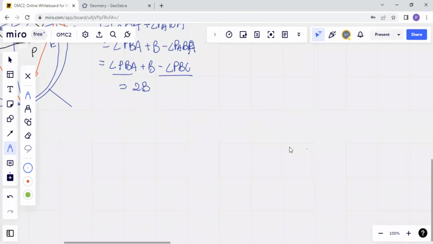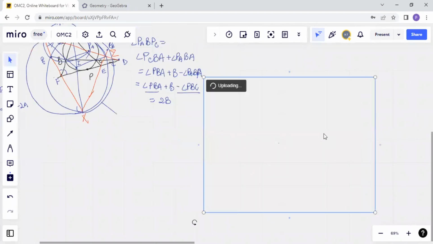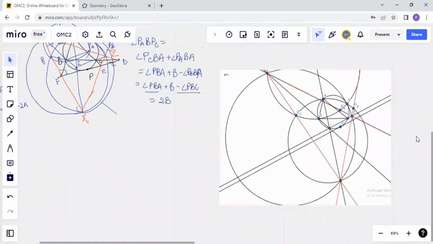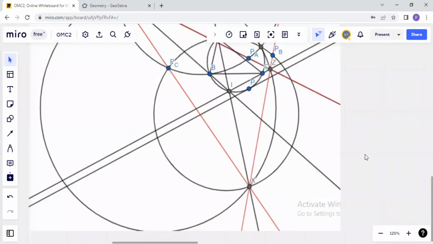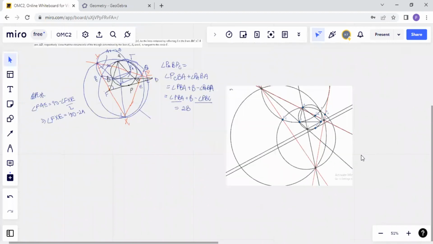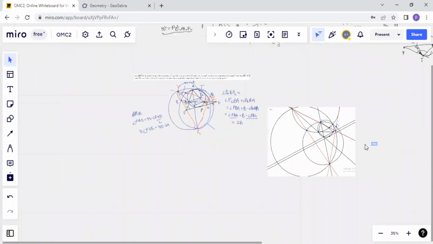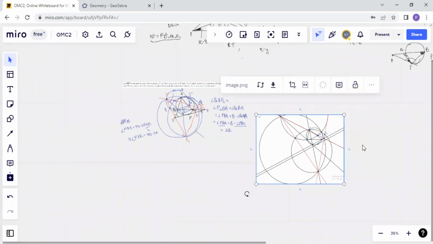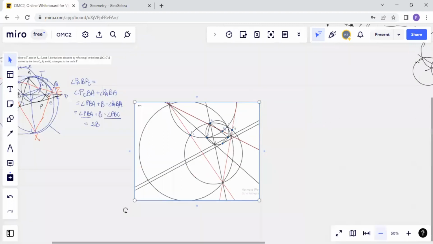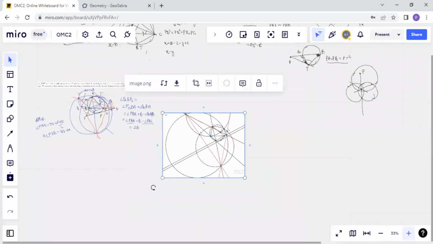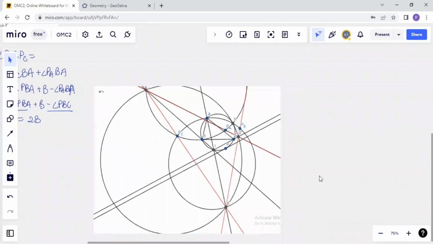Let me just paste the diagram. Zoom in a bit. Oops, don't zoom. Oh, what is happening? Why does this mirror do stuff like this? I'm extremely sorry for these poor moments.